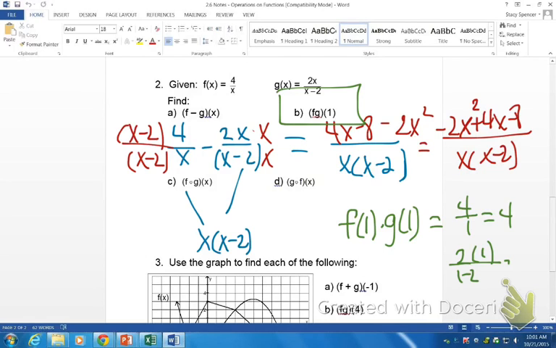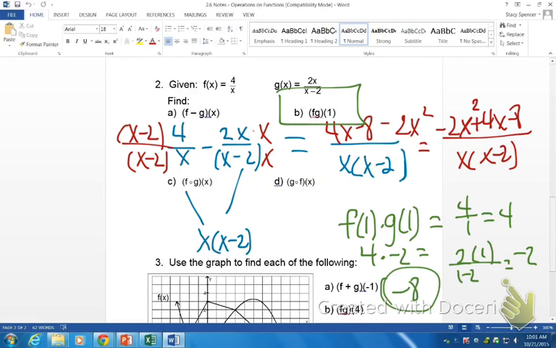What would that give you? 2 over what? Negative 1. And 2 divided by negative 1 would be negative 2. Okay? And now let's do what we were supposed to do. So this was 4 times the negative 2 for a total of negative 8. And there you go. So a little different, right?